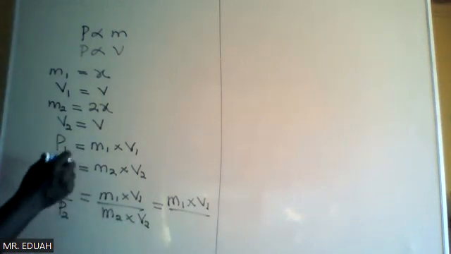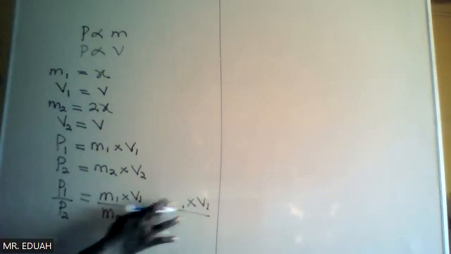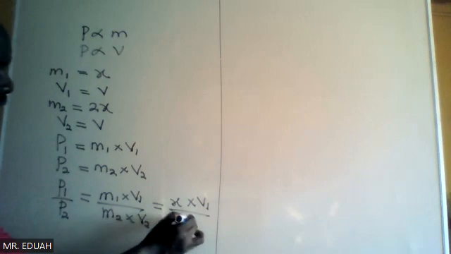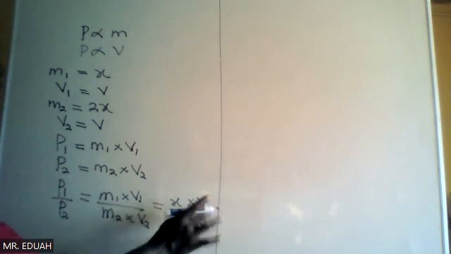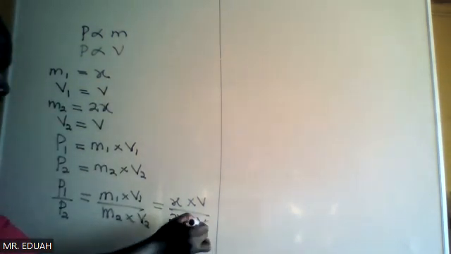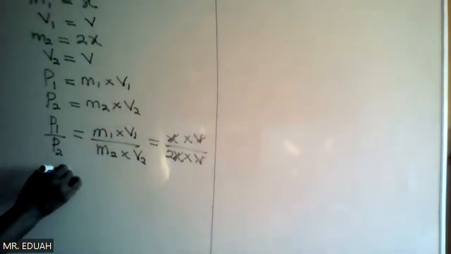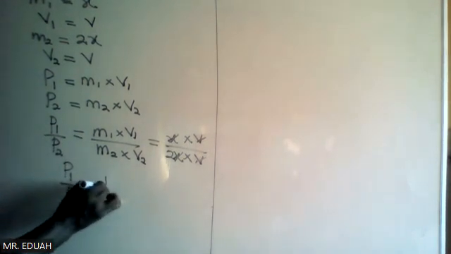So M2 is equal to 2 times the initial mass. And earlier I represented M1 by X. So M2 is 2X times the velocity remains constant. So this is V1, or I represented that by V. So V2 is equal to V. So you realize that X and X will cancel out. You have P1 on P2 being equal to half.